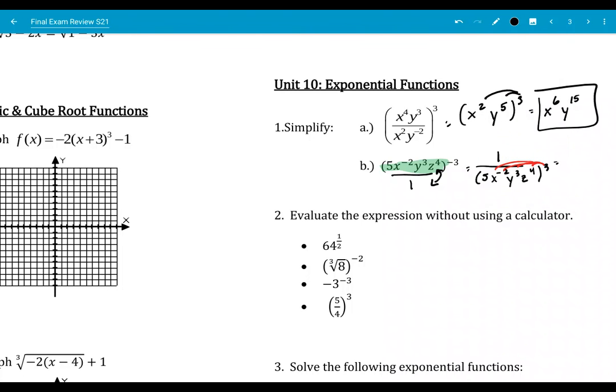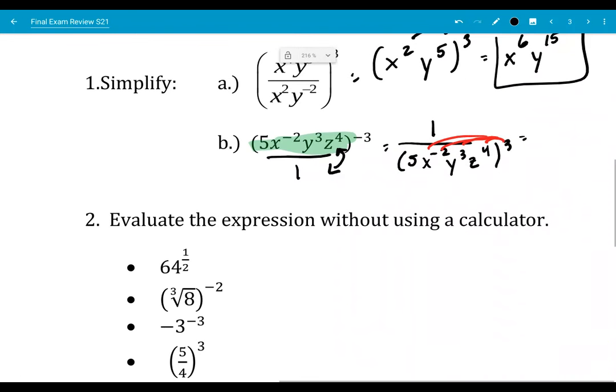So that's going to turn this into 1 over 5 cubed, which is 125, x to the negative 6, y to the 9, z to the 12.